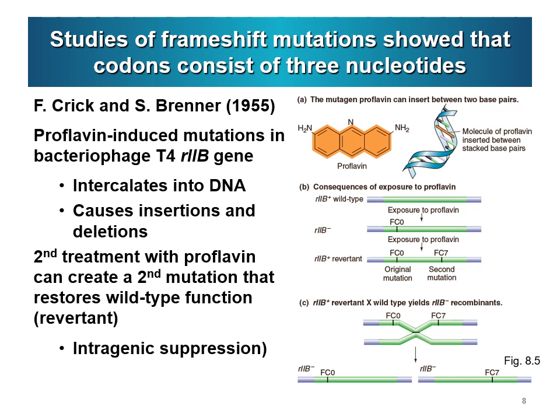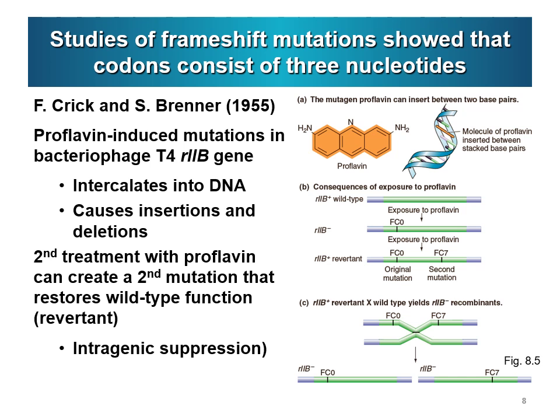So how was it discovered that it was exactly three nucleotides that encode a single amino acid? It was shown by Crick and Brenner in 1955 by experiment.